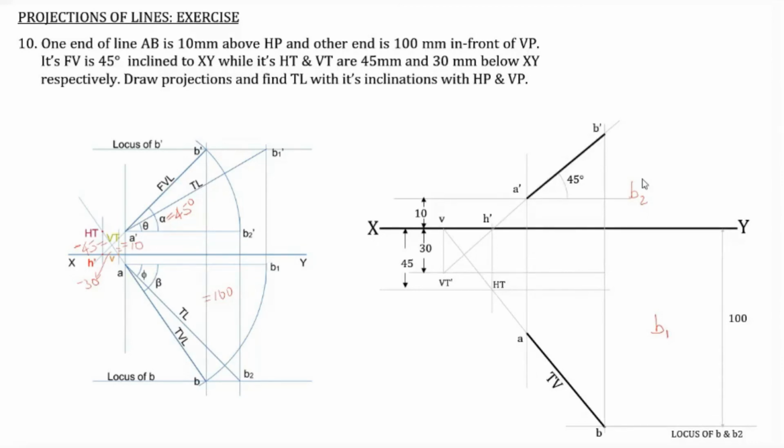Then join A dash with B dash with a thick line. Now rotate the top view in order to get point B1, then B1 dash is obtained. Then we rotate A dash B dash so that B2 dash is obtained. Then from B2 dash go to B2.